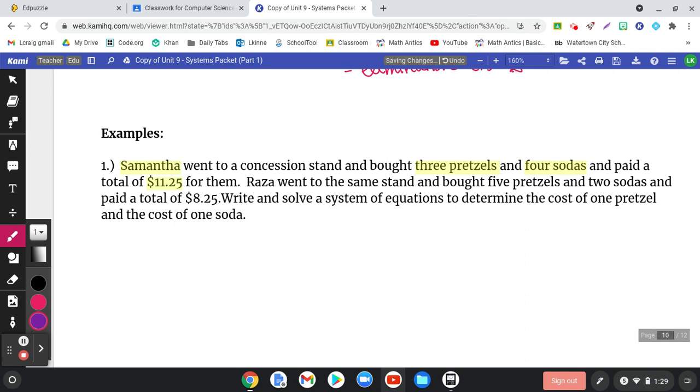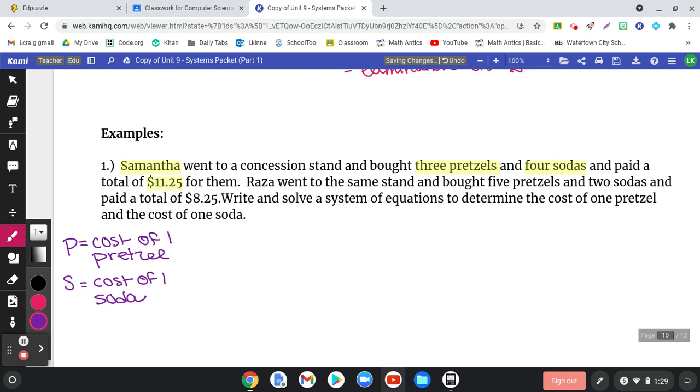So I'm going to define my variables. I'm going to say P is the cost of 1 pretzel. And why don't we use S? I mean, you could use X and Y too if you want. S is the cost of 1 soda.